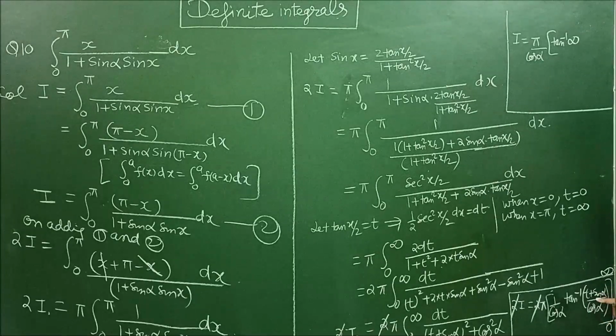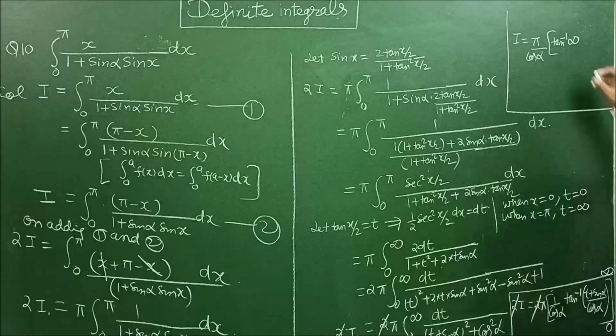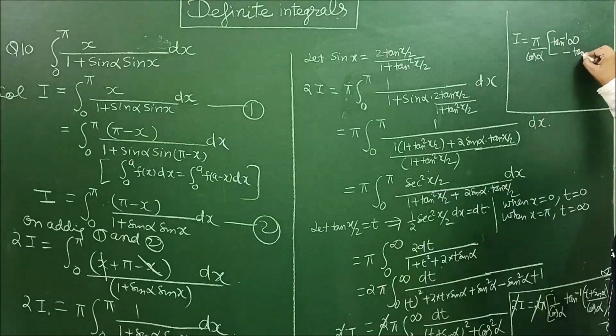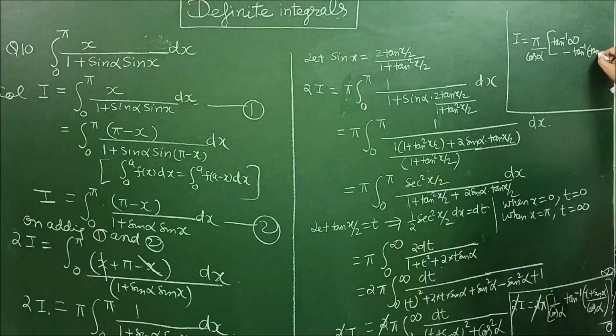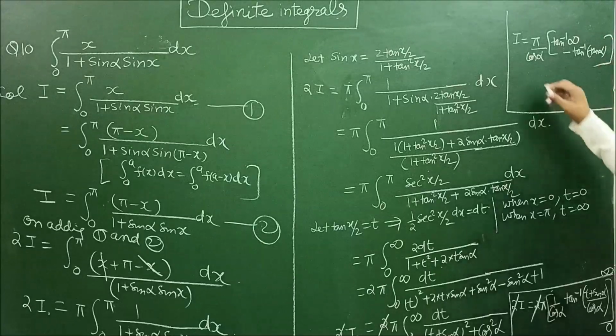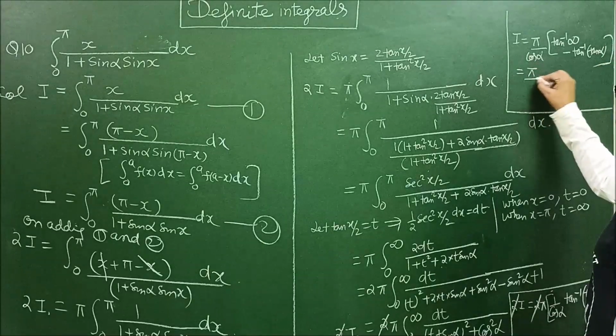Then putting t equal to 0, tan inverse tan alpha, minus tan inverse tan alpha. So this is equal to pi upon cos alpha.